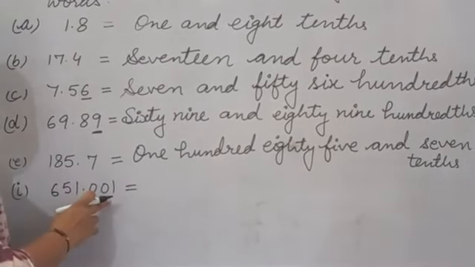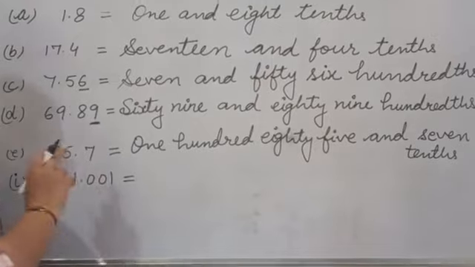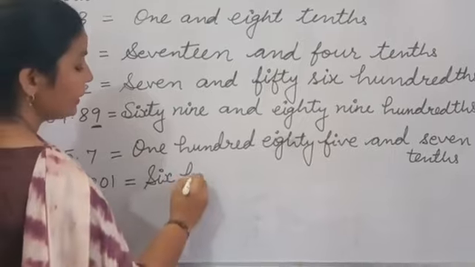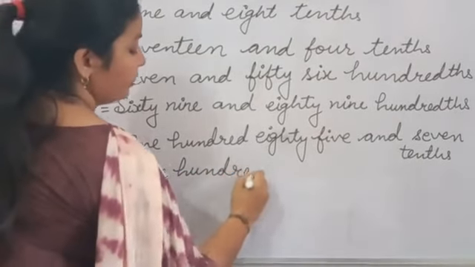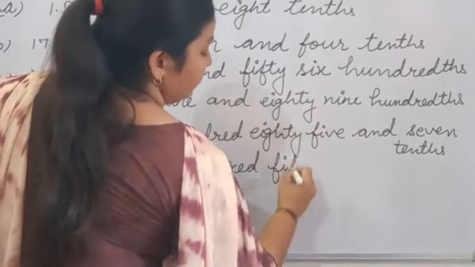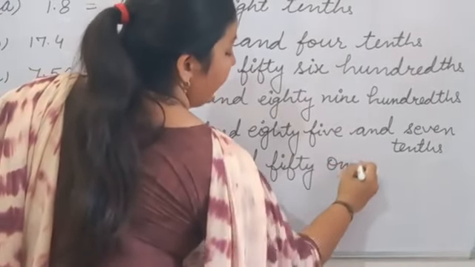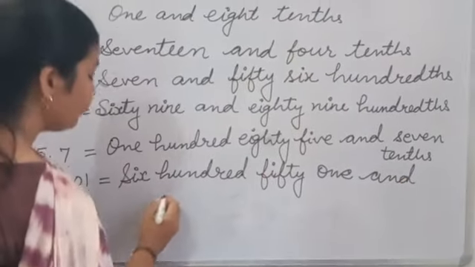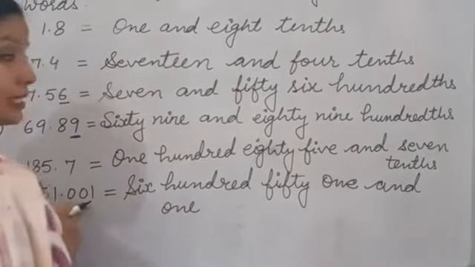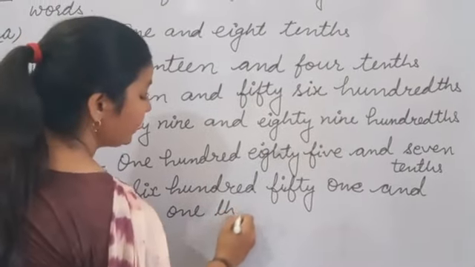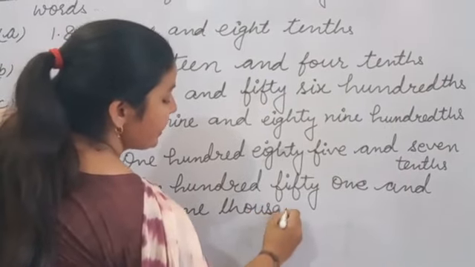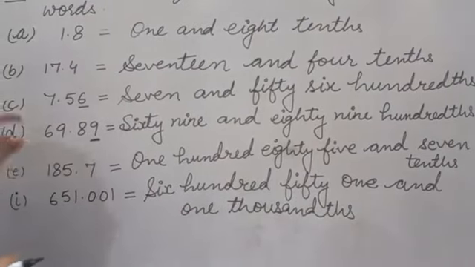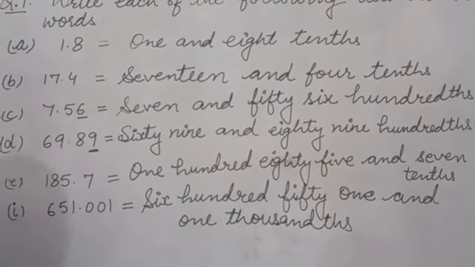Tenth, hundredth, thousandth. So we write 651 and then thousandth. Like this you will write. F, G, H you will do yourself.